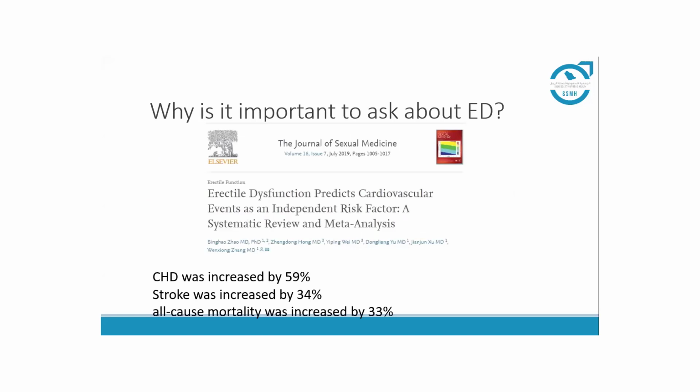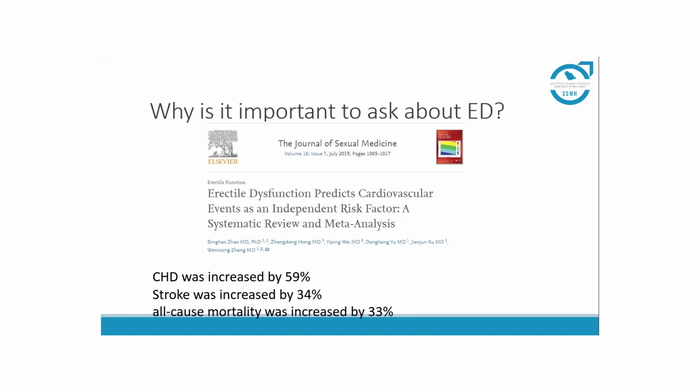So why is it important to ask those patients about erectile dysfunction? A meta-analysis published in the Journal of Sexual Medicine just last year shows that, when comparing patients who have erectile dysfunction with those who don't, those who have erectile dysfunction have a higher chance of developing coronary heart disease.